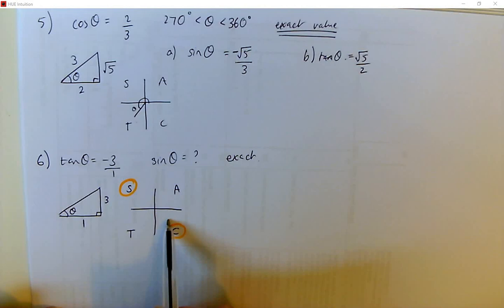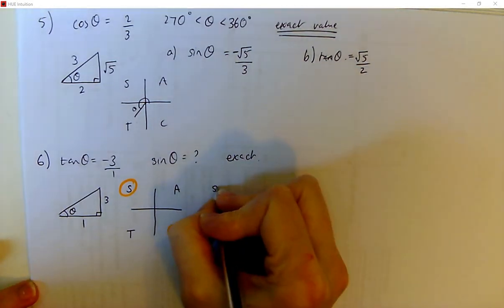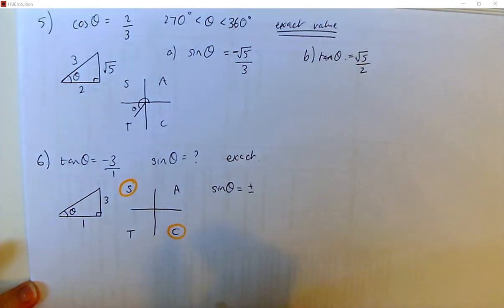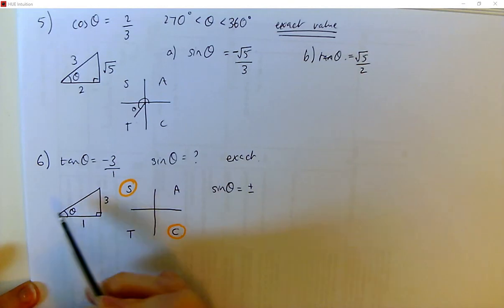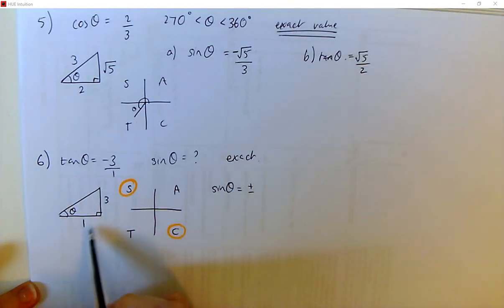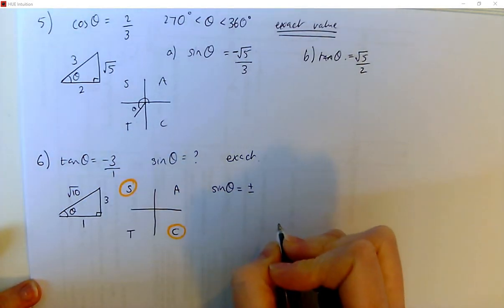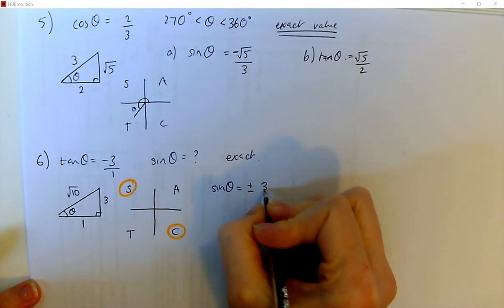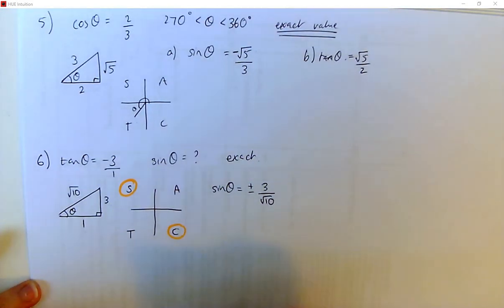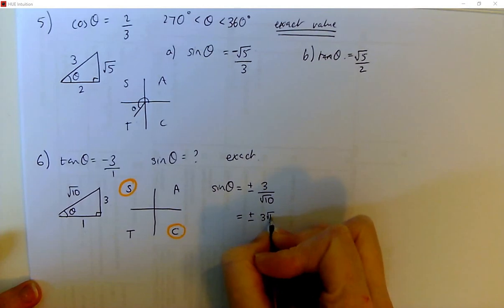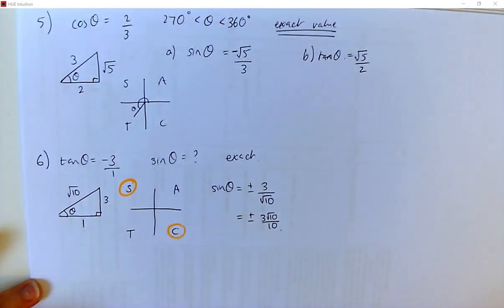But if it's down here, it will be negative because it's not an S. So that means that sine theta can be positive or negative, and the value of sine theta we get from the triangle. The hypotenuse we get by doing 1 squared, add 3 squared, and square root it. Okay, so it's going to be opposite over hypotenuse, and really we should rationalise that denominator, shouldn't we? Okay, so that's it.